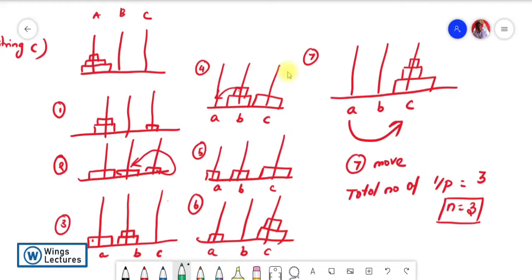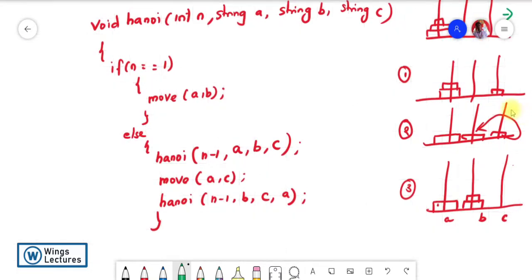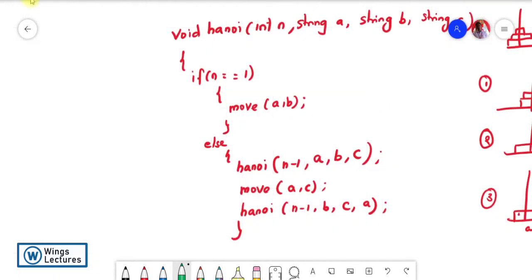Now for completing from this position, let's go to the algorithm again. For completing this process, I am going to take the whole function. For computing tower of Hanoi, I am going to take T of n, okay.